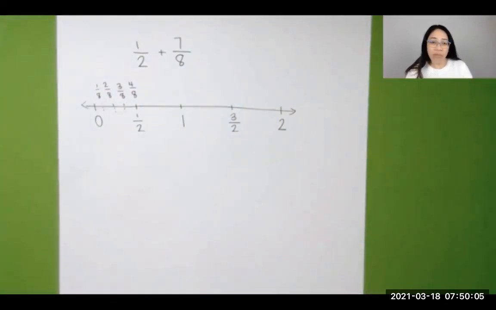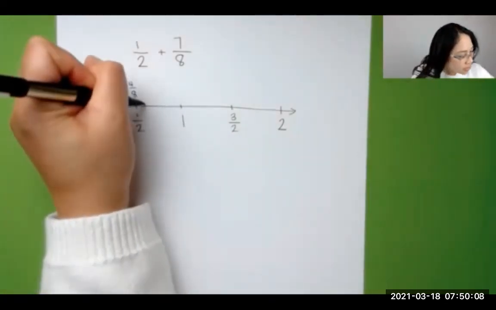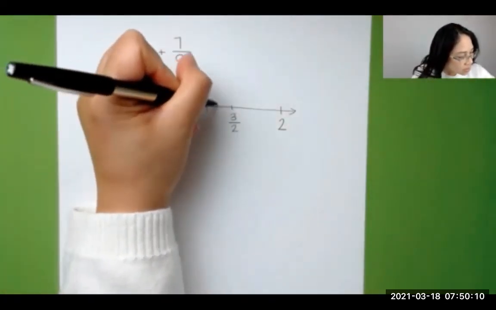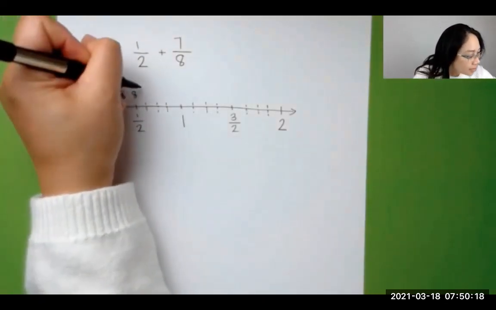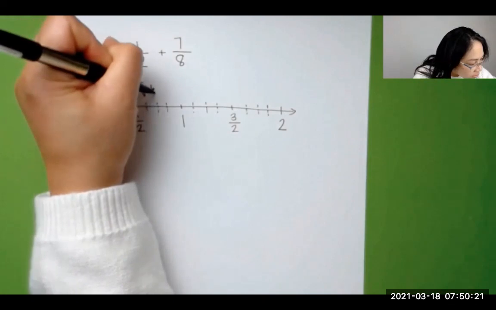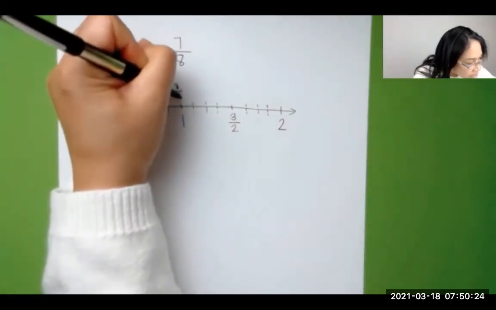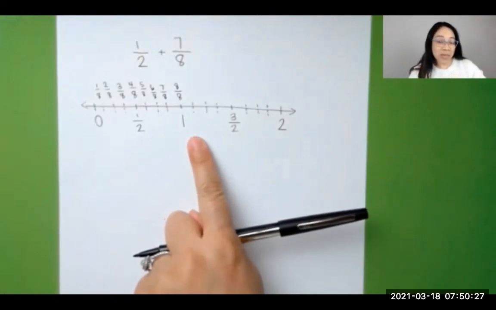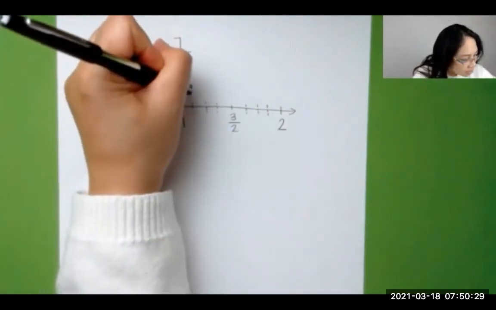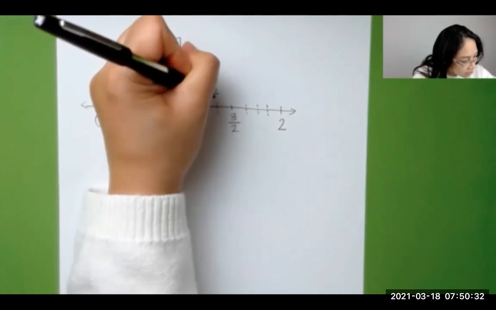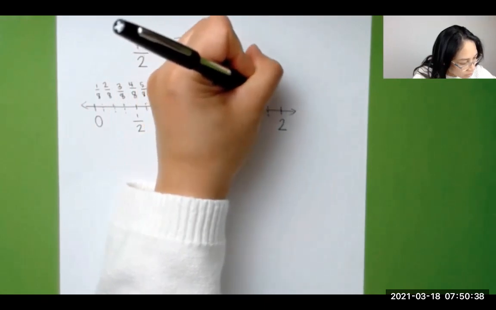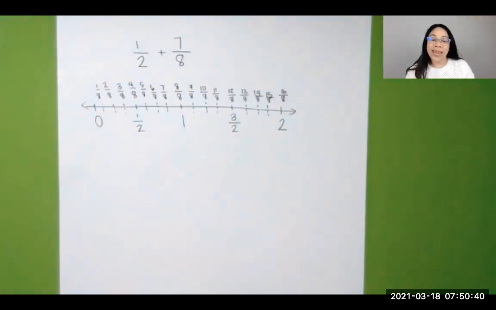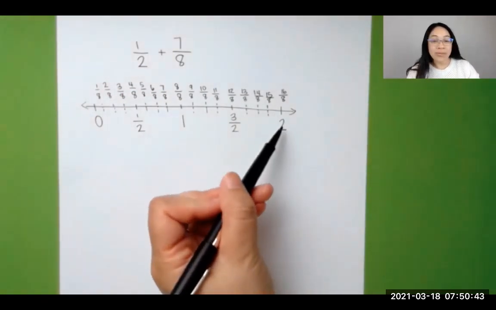Let's continue marking off our eighths. Next, we'll go ahead and label above the number line. Eight eighths is the same as 1. And 16/8 is equivalent to 2.